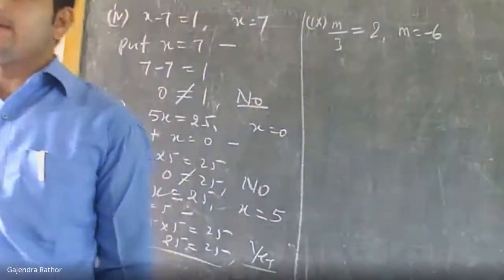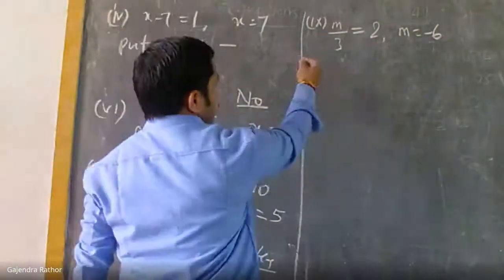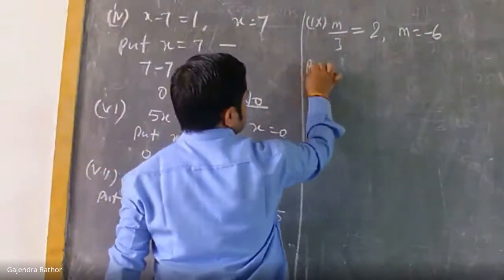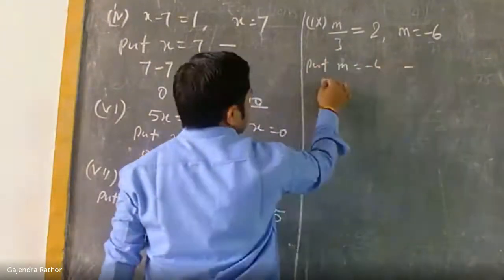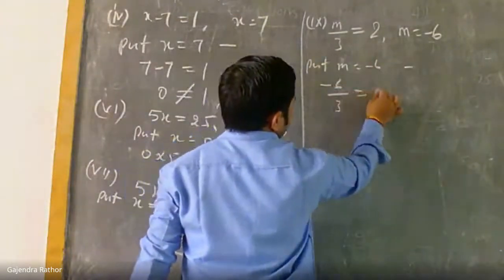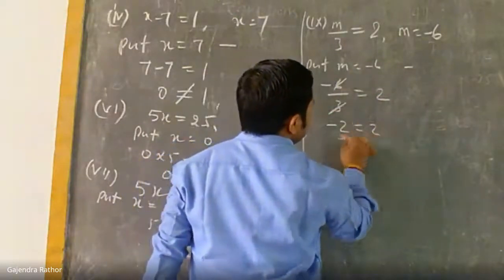So now let's check. Okay. Now let's check your answer. Put m is equal to minus 6. Minus 6 divided by 3 is equal to 2. 3 twos are 6, so minus 2 is equal to 2.